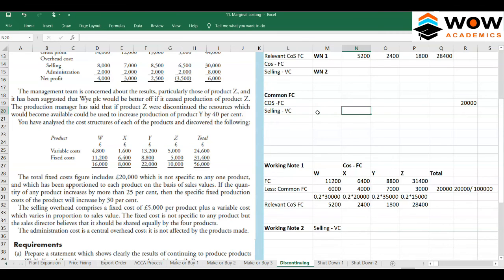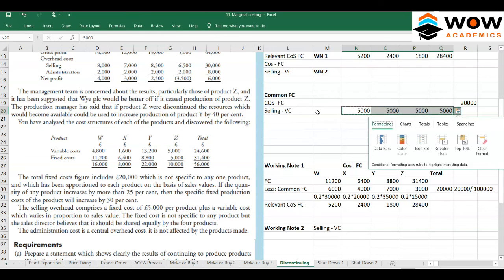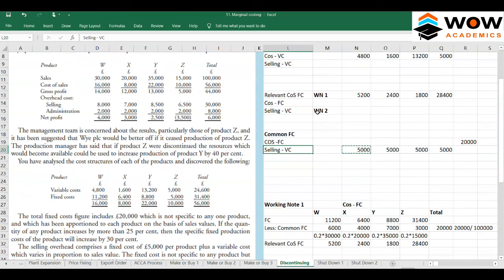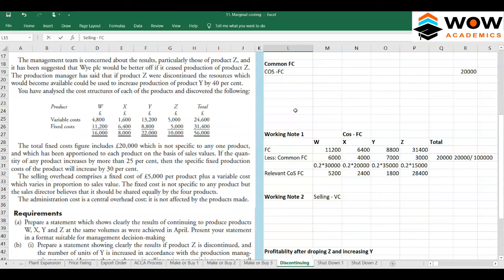The selling fixed cost is 5,000 for each product, that's what they say, so we can copy from there. This is not a common cost. It is specifically for each product, so we can't put it here, and this will be fixed cost.